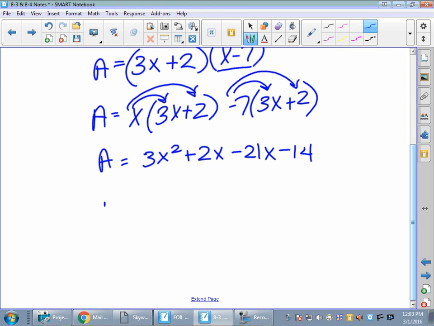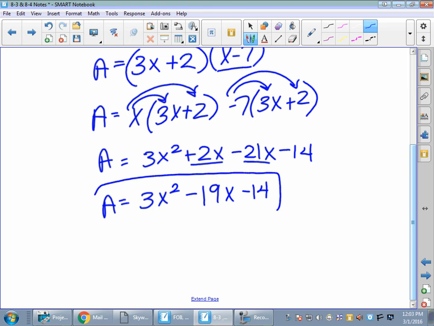Clean it up. Area of this triangle, 3x squared. I see a negative 21x and a 2x, which makes negative 19x, minus 14. And that is how you multiply a polynomial by another polynomial.